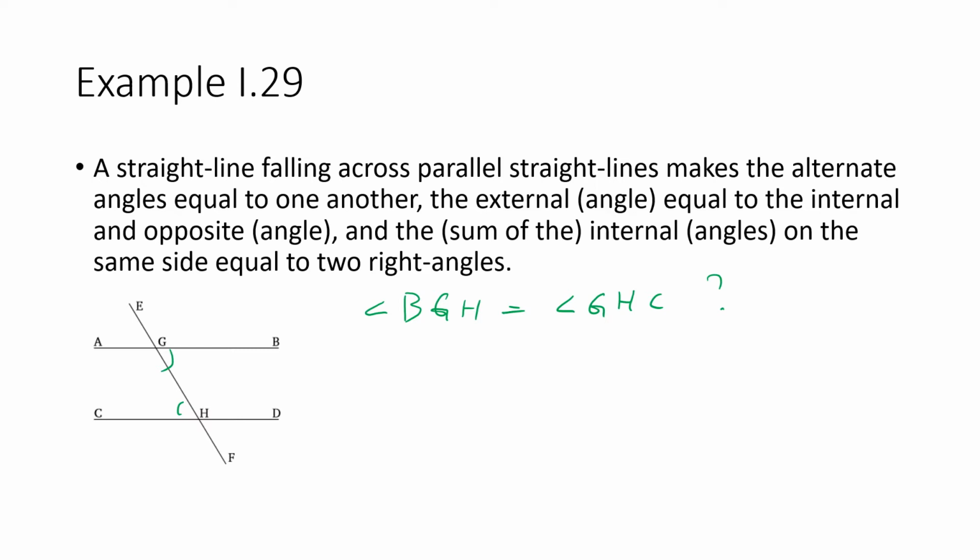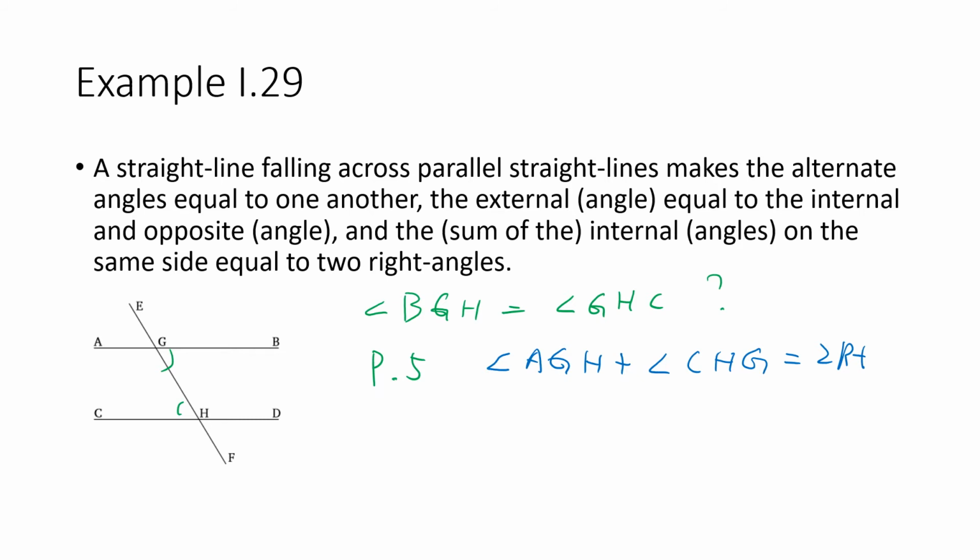This is the same as before, because when we go back to postulate 5, it says if it's two parallel lines, then angle AGH plus angle CHG equals 2 right angles.